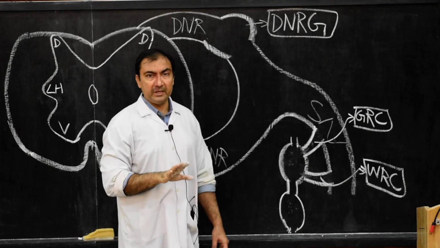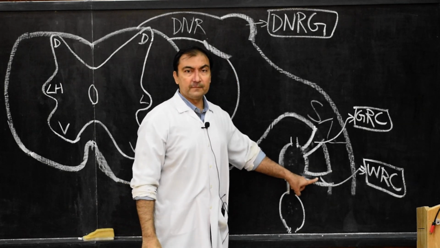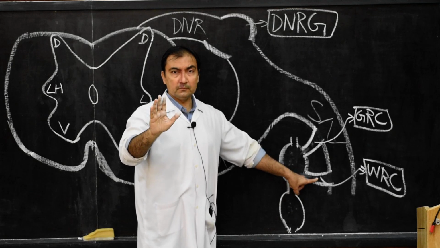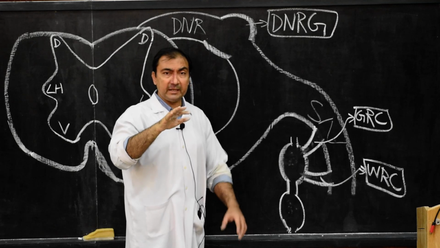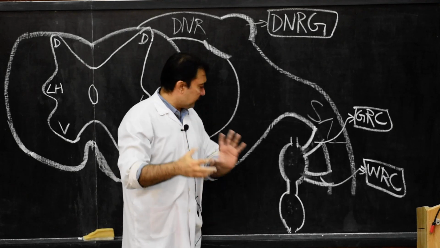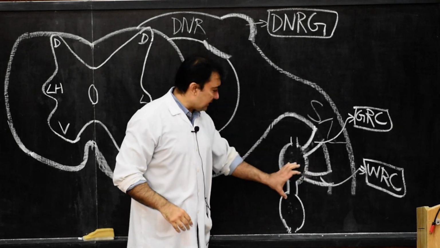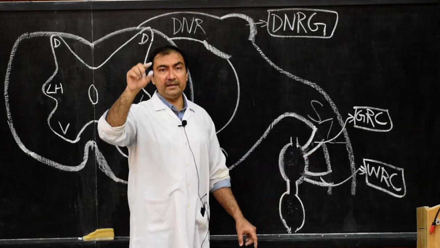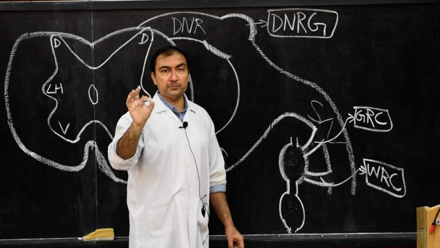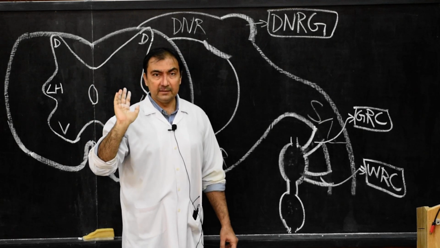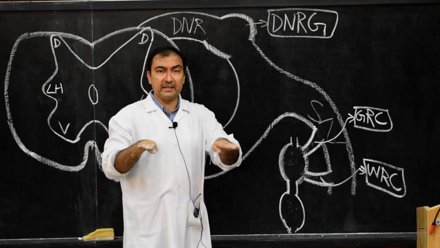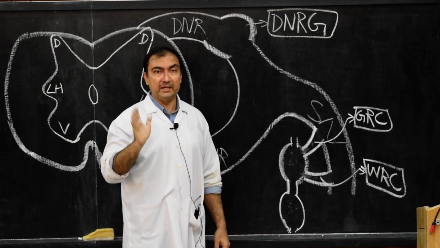And white ramus communicans is present only from T1 to L2 spinal nerves. They will communicate the lateral ganglia with only T1 to L2 spinal nerve segments. That means across those levels only, those ganglia are connected with the spinal nerve through the white ramus.